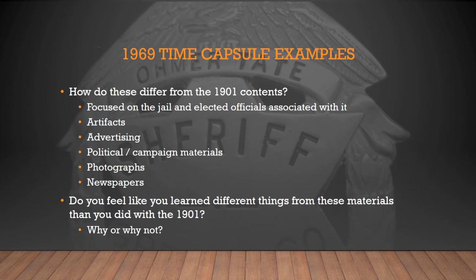All of these people who were elected into office, like Mr. Tate or Sheriff Bradley, Commissioner Durnball, you could look up what their political affiliation was. Were they Democrats? Were they Republicans? Were they independent? And that might give you an indication as to the political environment of the county. So those are just some things that you can think about as you look through these.